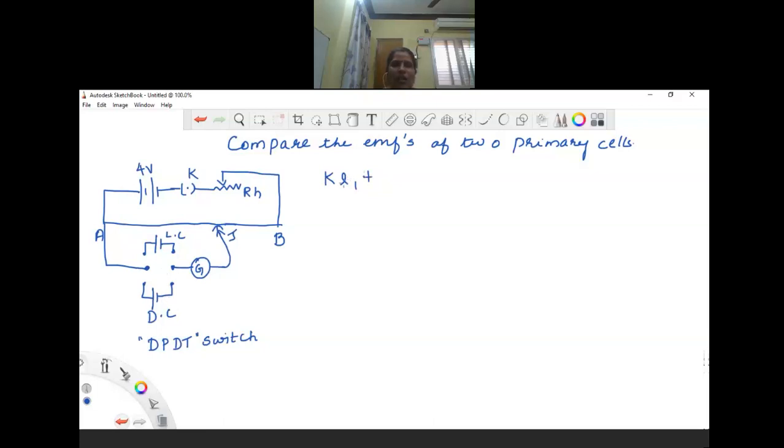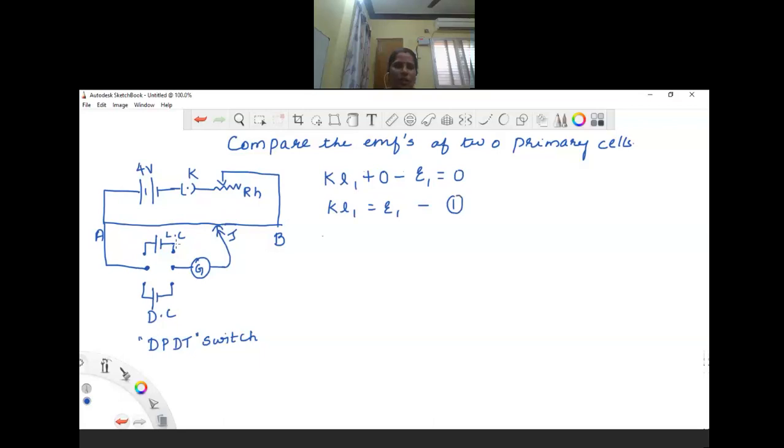You have to keep the rheostat at one position and find where you are getting the null deflection on the galvanometer. Press the jockey against the potentiometer wire and find where you get the null deflection, that is, the current through the galvanometer is 0. So this is for the first cell. You can write it as KL1 equals E1, where L1 is the balancing length corresponding to the first cell.